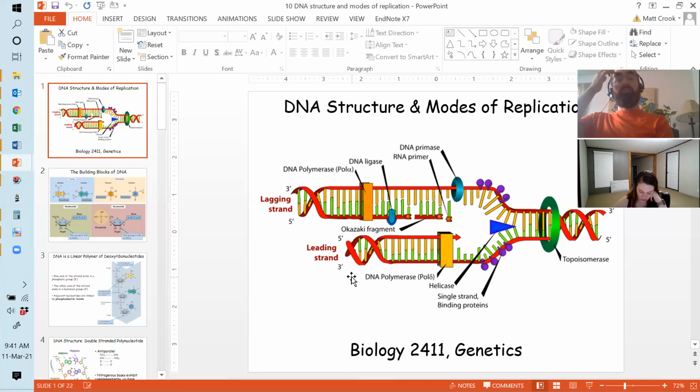So this lecture is going to be a lot of the basics of DNA replication: the structure of DNA, and the types or modes of DNA replication, because they vary from one type of organism to another. And hopefully we'll get through DNA replication in prokaryotes.